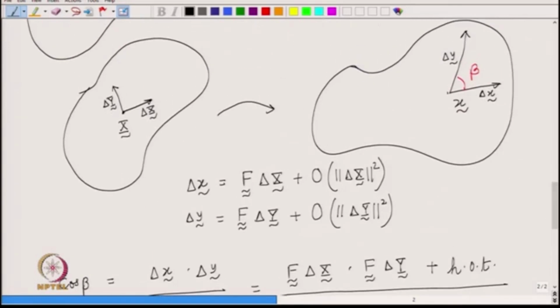Suppose that this is originally in the direction of n, whereas this is in the direction of m. The directions are n and m, but perpendicular to each other.